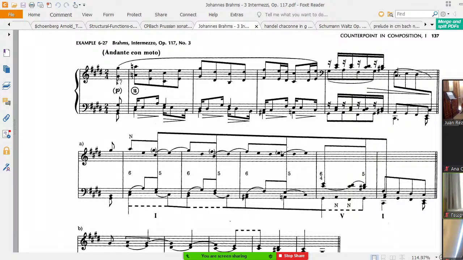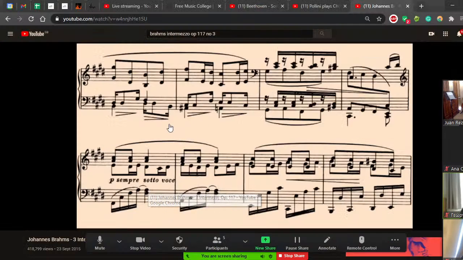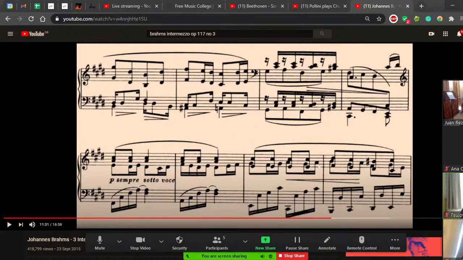This is the introduction. There you go. Here is again one octave. This is the action part. And it goes across.